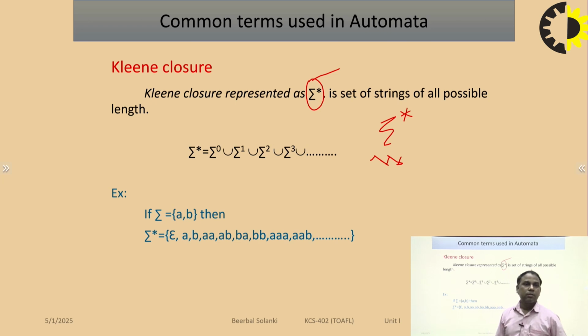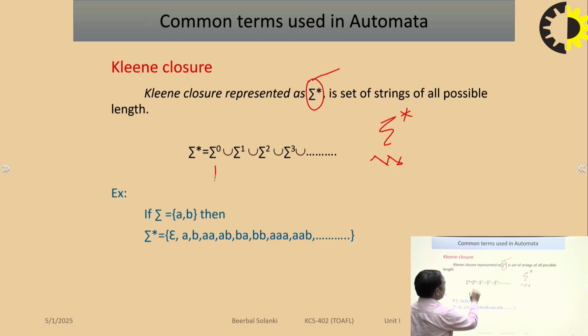Sigma star is the set of strings of all possible lengths: sigma star equals sigma to the power 0 union sigma length 1 union sigma length 2.